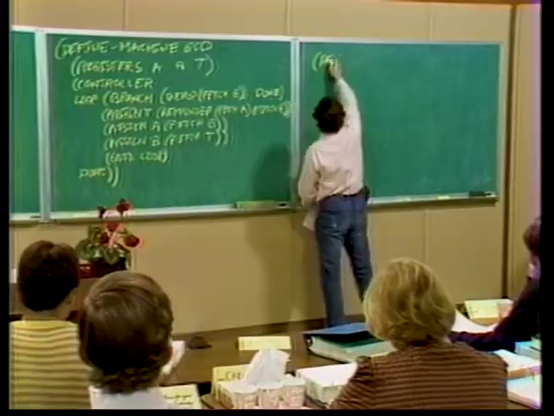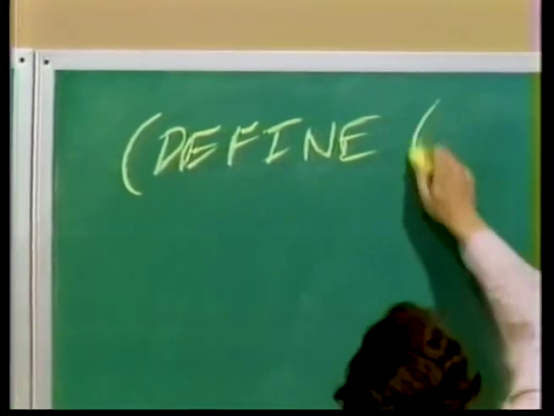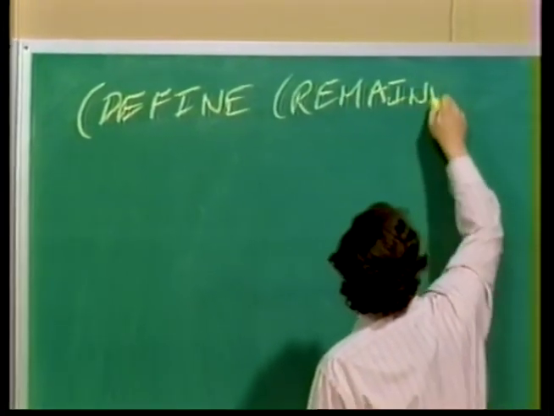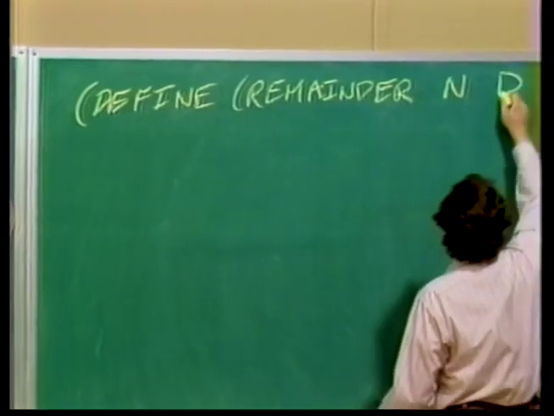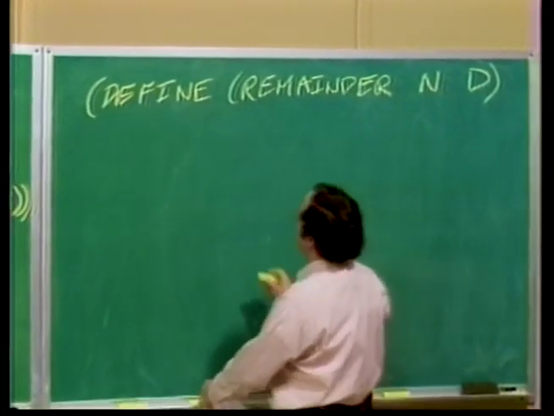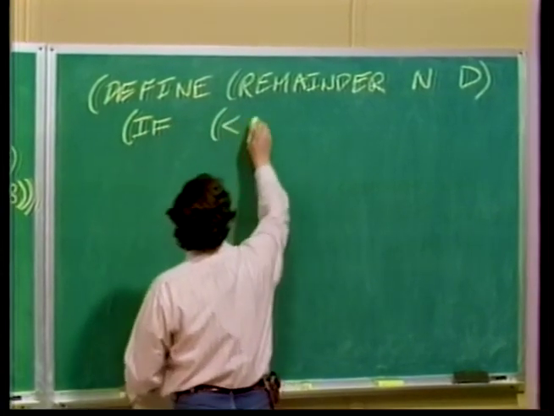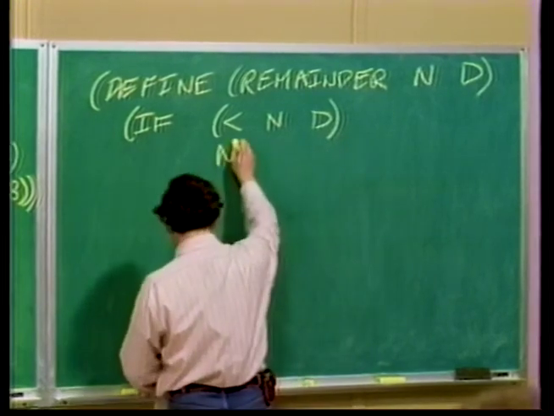So the remainder of n divided by d is nothing more than if n is less than d, then the result is n.